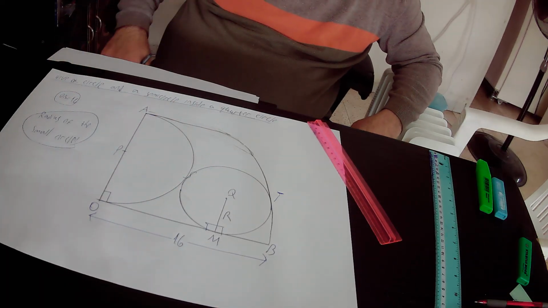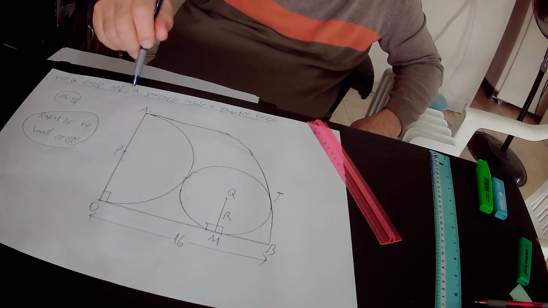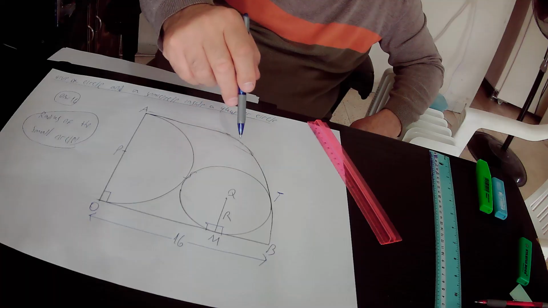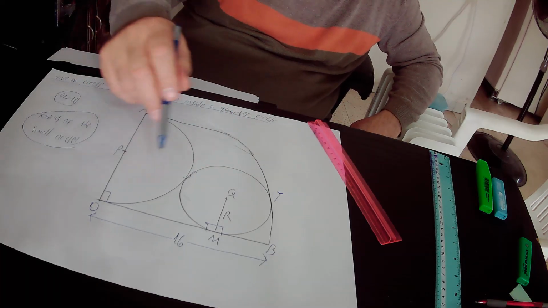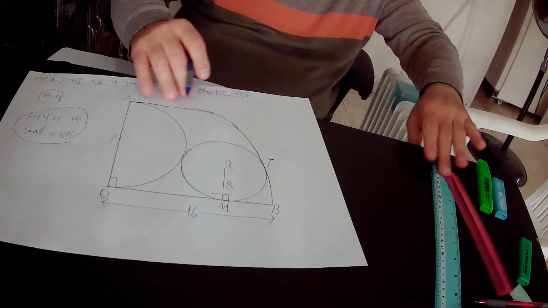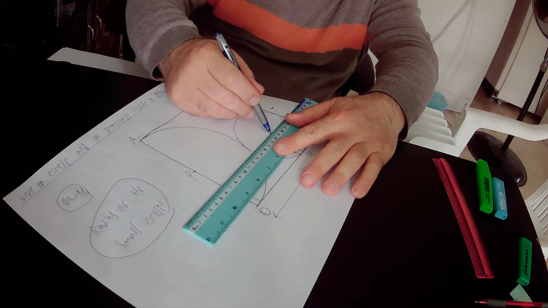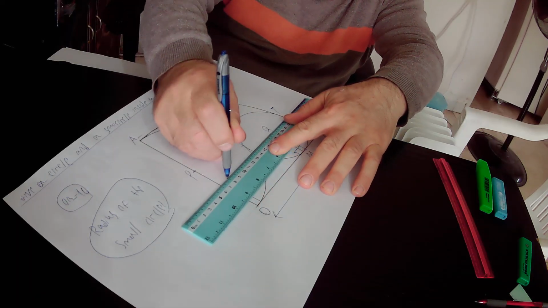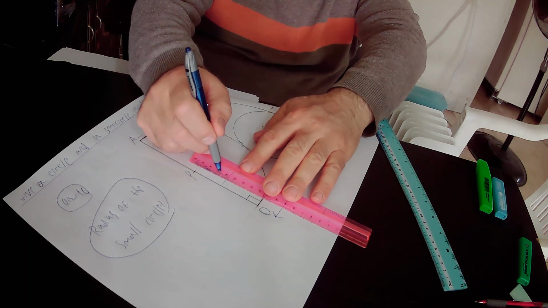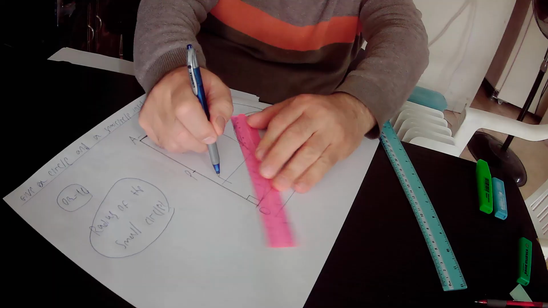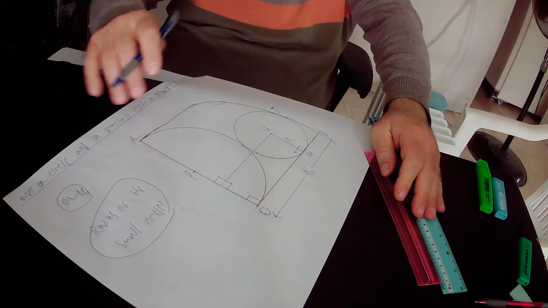In the next step, we'll do a construction, that is to say from point Q, we'll draw a perpendicular on AO. Again, from point Q, the center of this small circle, we'll draw a perpendicular on AO. So okay, this angle equals 90 degrees, and this angle also equals 90 degrees according to our construction.